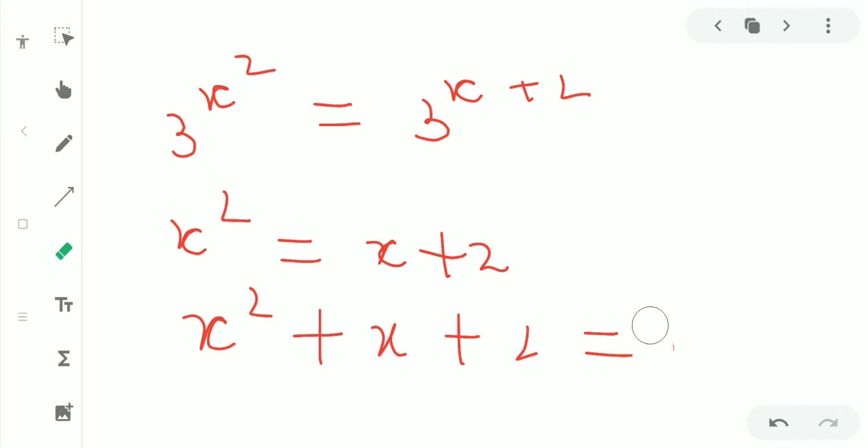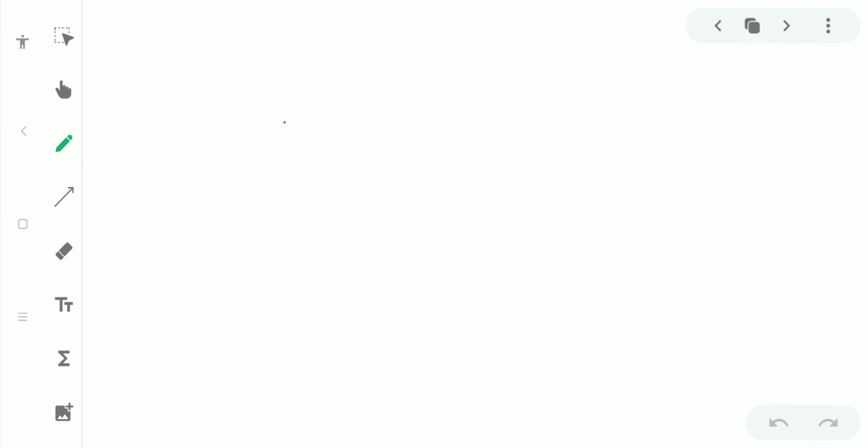If you carefully observe, we can do quadratic factorization on the LHS. Let us split the middle term in such a way that we should get x.